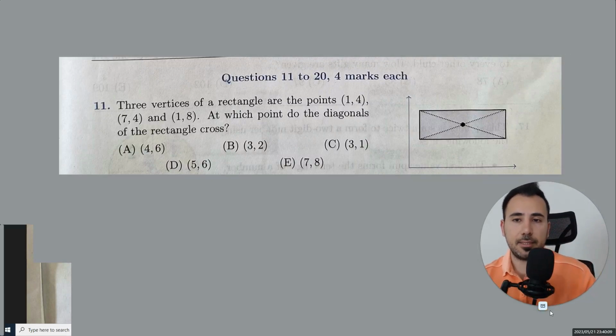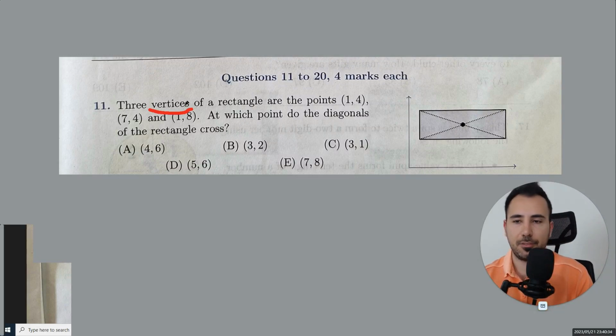Three vertices of a rectangle, okay, are the points (1, 4), (7, 4), (1, 8). At which point do the diagonals of the rectangle cross? So if non-natives are watching this, right?